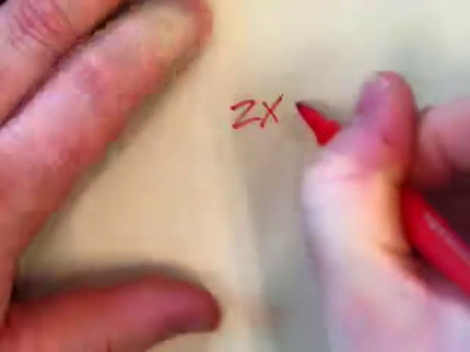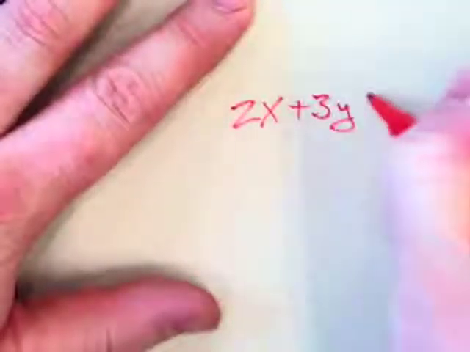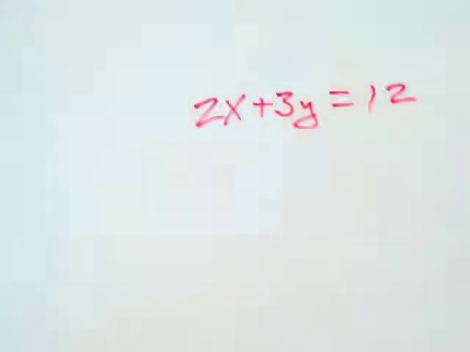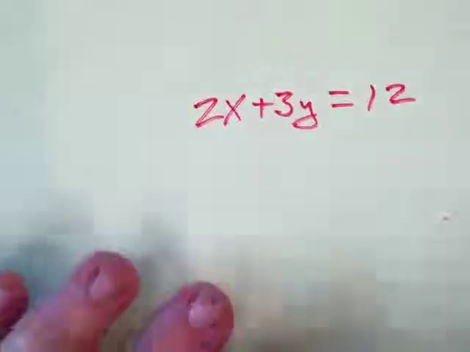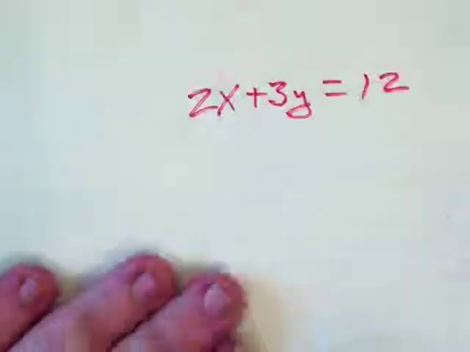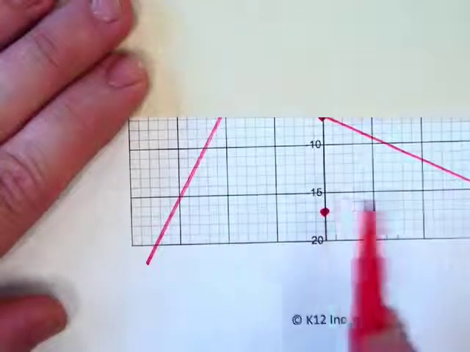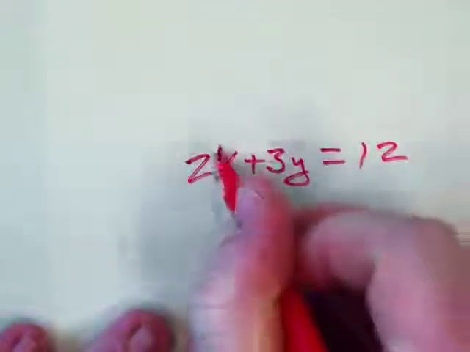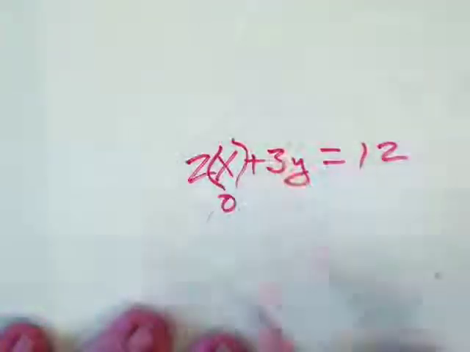Now let me explain what's happening with the cover-up method. If I have 2x plus 3y equals 12, well, if I solve for the slope or intercept, then all I'm saying is, okay, when x is 0, and if you think about it, when x is 0, that's the y-intercept. So if I plug in 0 for x, what's 2 times 0?